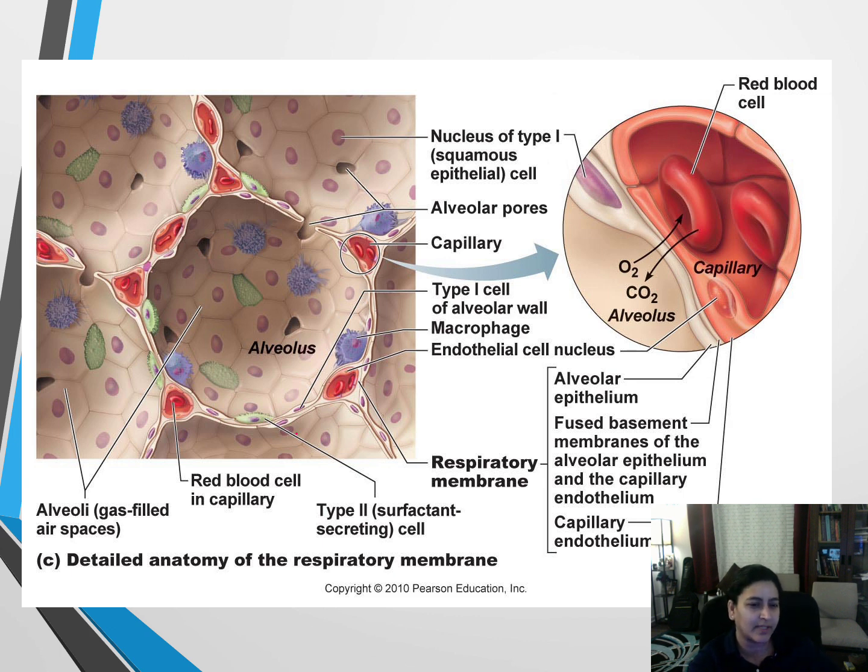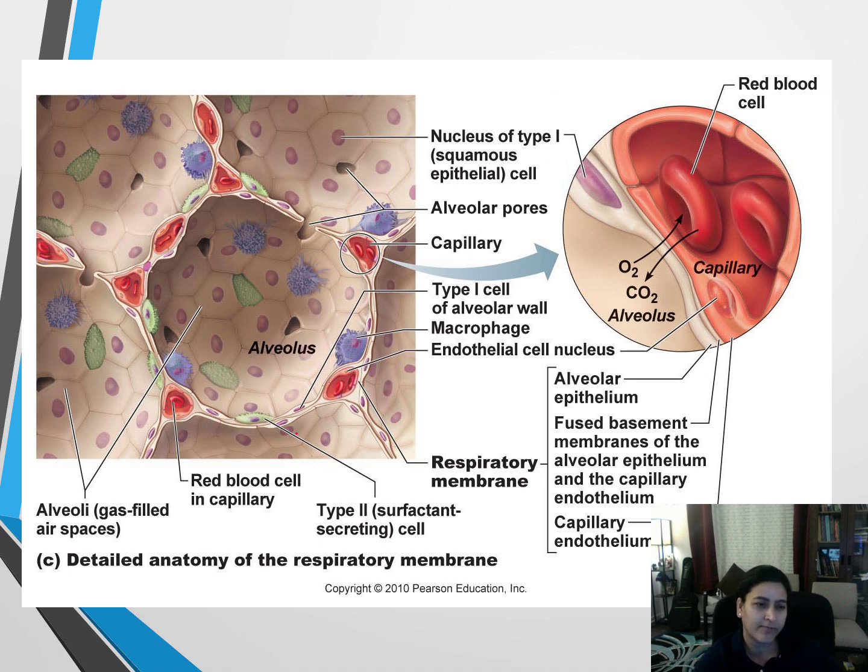The alveolar cells include a type 2 surfactant-secreting cell. The purpose of this surfactant is to prevent surface tension, so it keeps the alveoli inflated so that they do not collapse. It's a lipid component that is secreted by the alveoli.